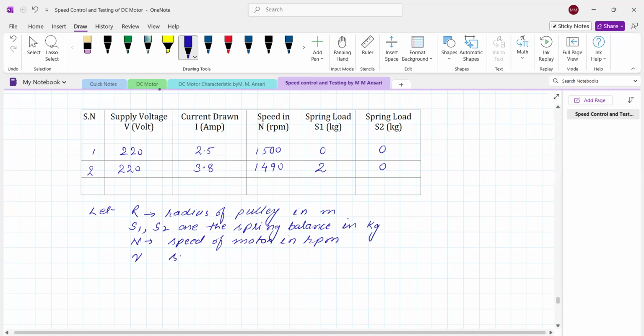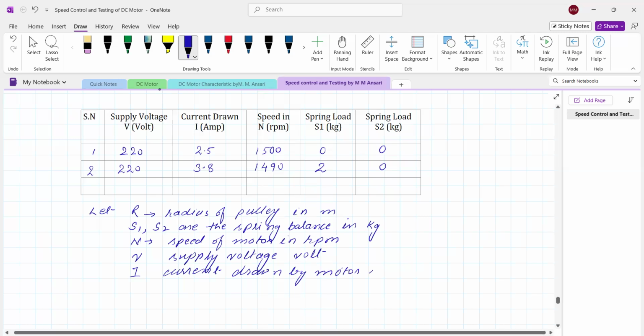V is the supply voltage in volt, and I is the current drawn by the motor in ampere.